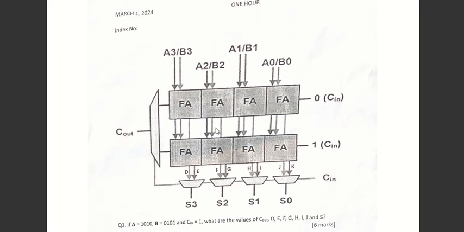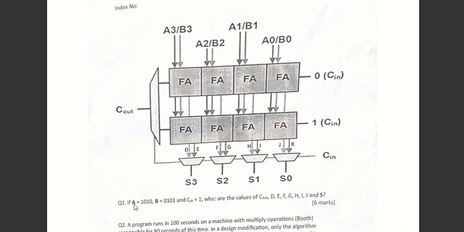Now what they are saying is, let's assume that our A is 1010 and our B is 0101, and C in is 1. So it means that our carry input is 1.